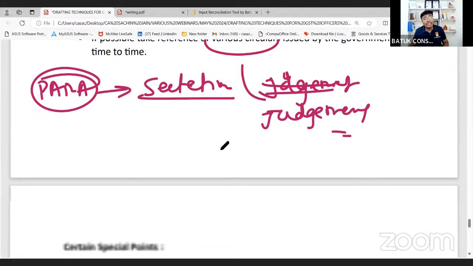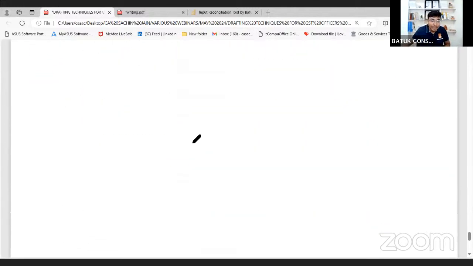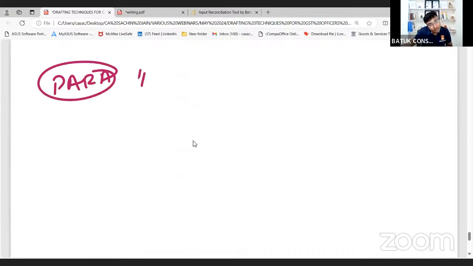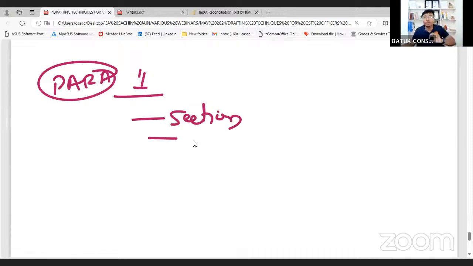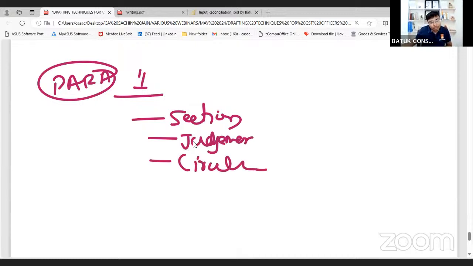There is no requirement to additionally attach any circular. That means when you prepare the para for a specific liability, whatever section is related to that para should be part of that particular para. If there is any judgment, that should be part of that particular para. If there is any circular, that should be part of your para. If there is any notification, that should be part of your para.